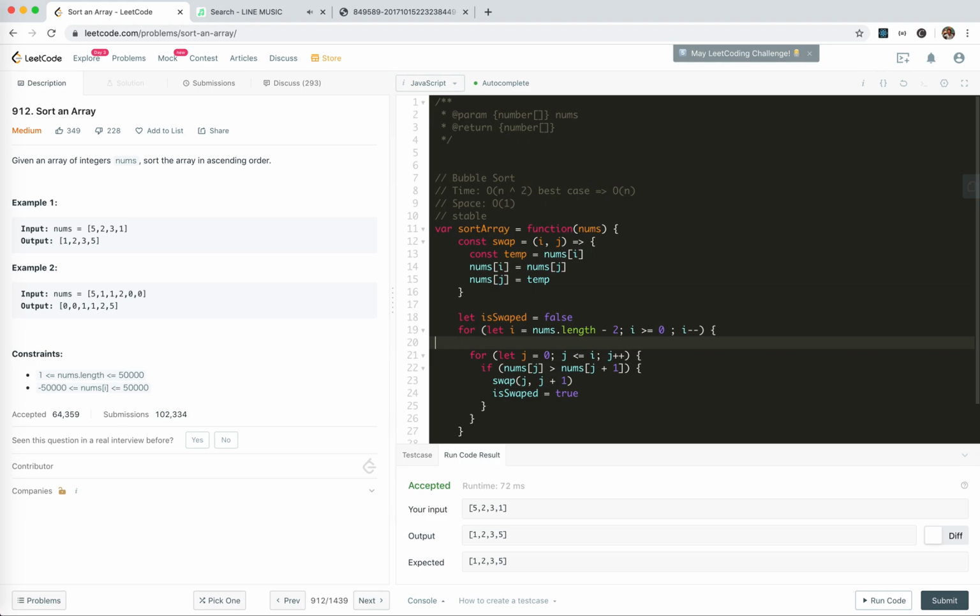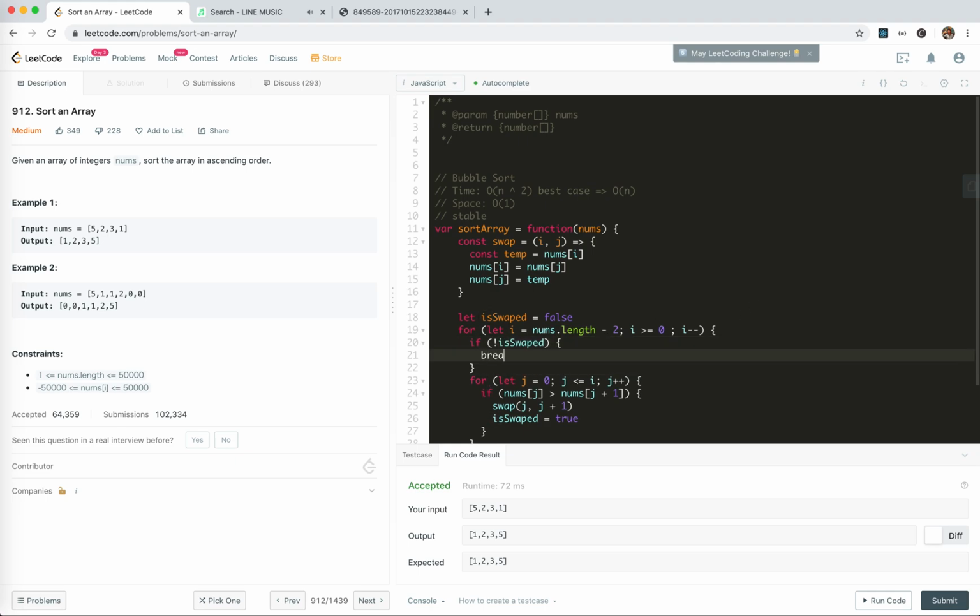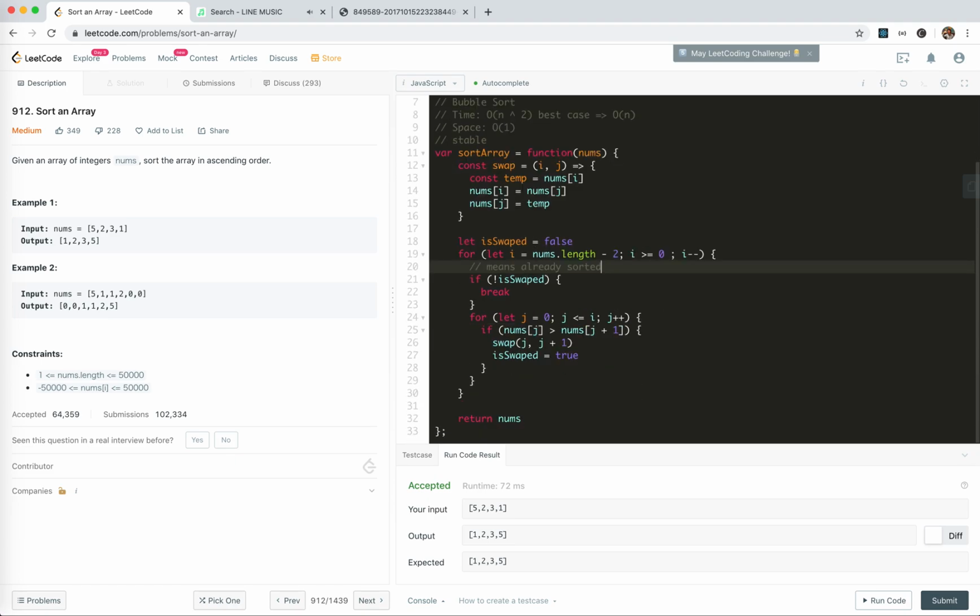We will stop at any round if there is no swap occurred. So for each round, if isSwapped is false, we just break, right? It means already sorted. Cool. Let's run the code.